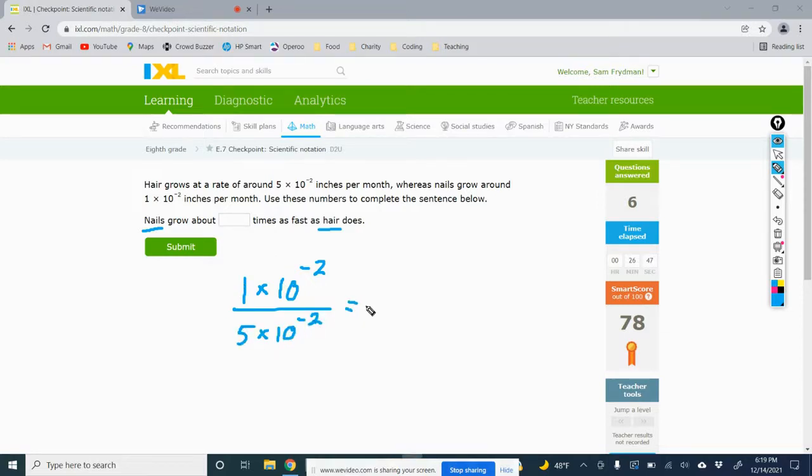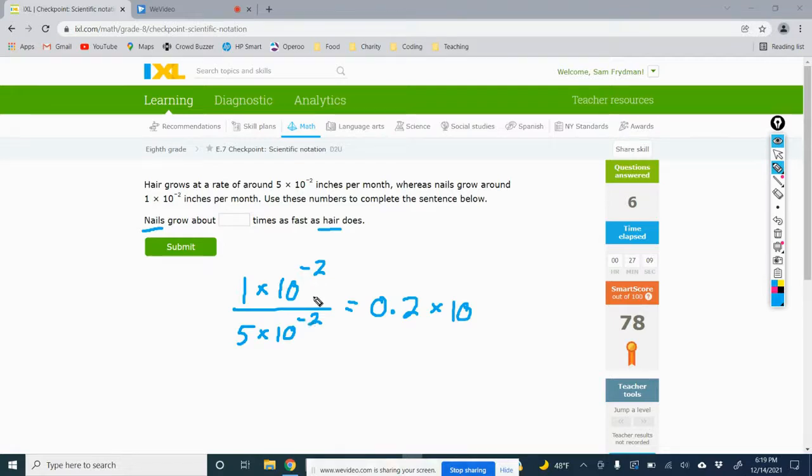1 divided by 5 is 0.2. Okay, I don't mind if you use a calculator to do something like this. 1 divided by 5, you can punch that into a calculator. Then we have times 10 to the negative 2 minus negative 2. Anything subtracted by itself is going to be 0.